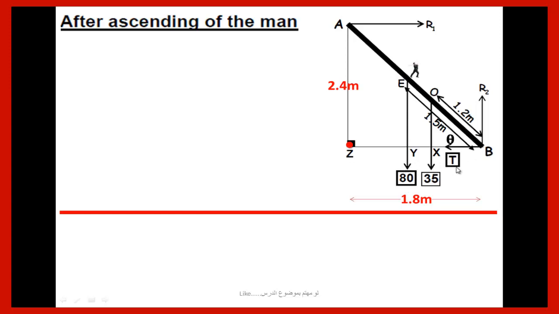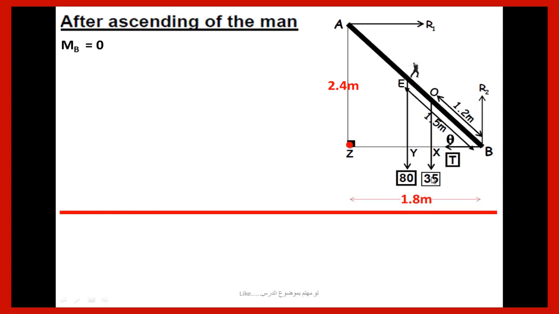We want to calculate the tension once more in the string. The moments of R2 and T about B equal 0, because their lines of action pass through the point B. So we have three forces: 35, 80, and R1.